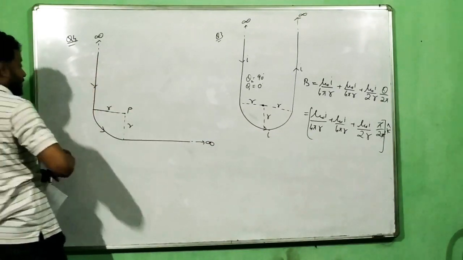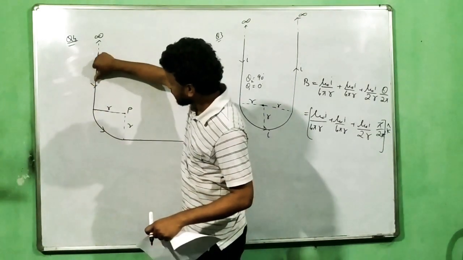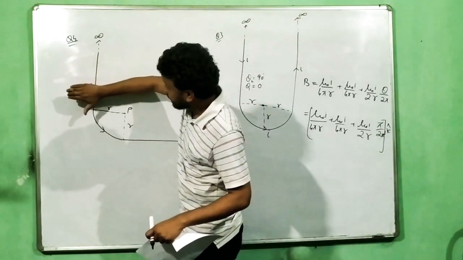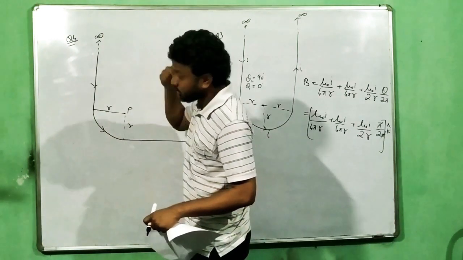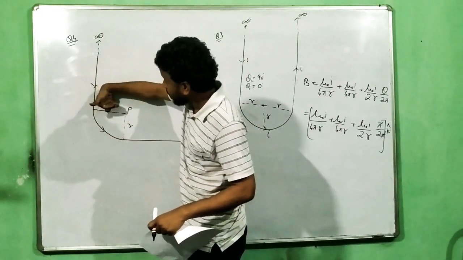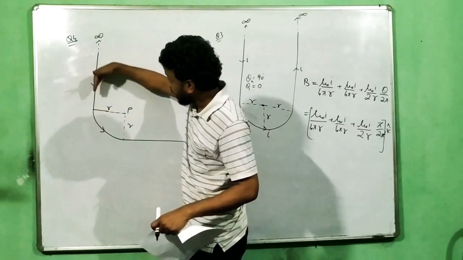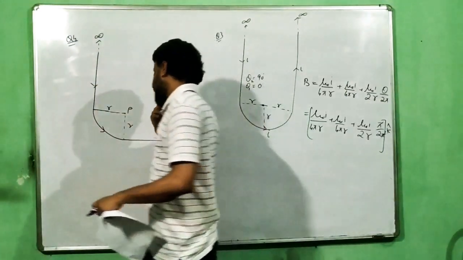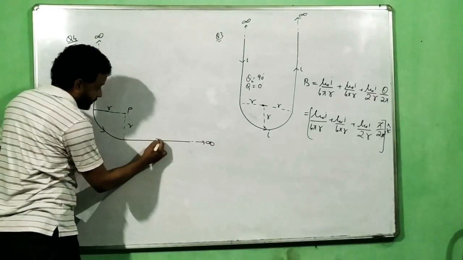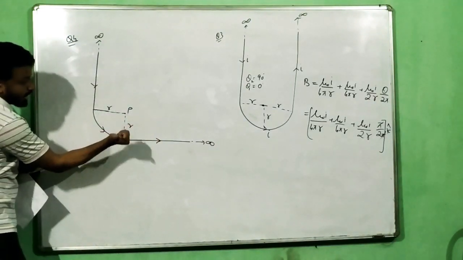How will this current create the field? Rule 1, if I consider this as the current thumb, then here the field will be inside and here it will be outside. Second rule, if I use the Biot-Savart law, I dl cross r, outside. What about this one? I dl cross r, outside.